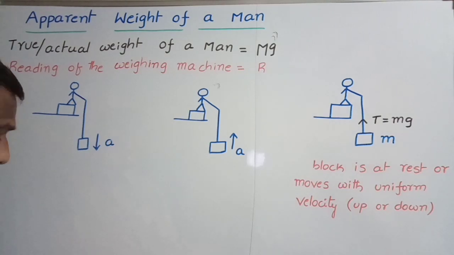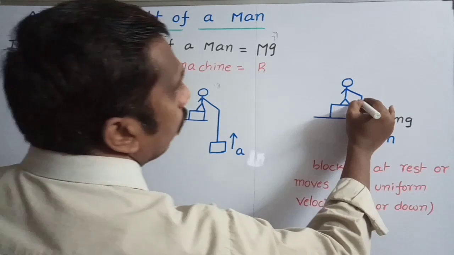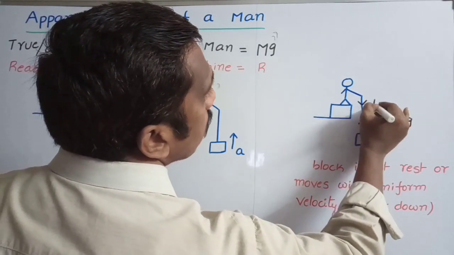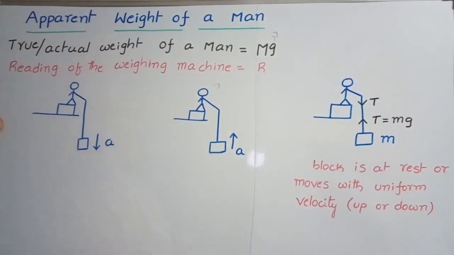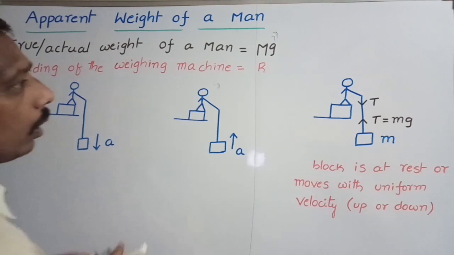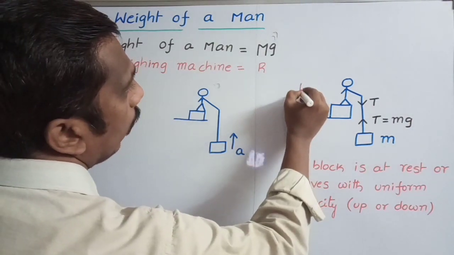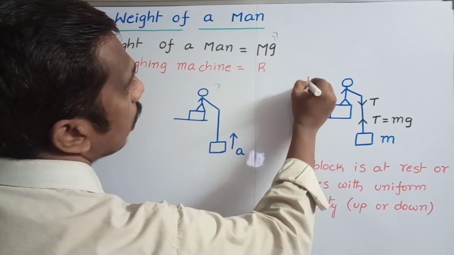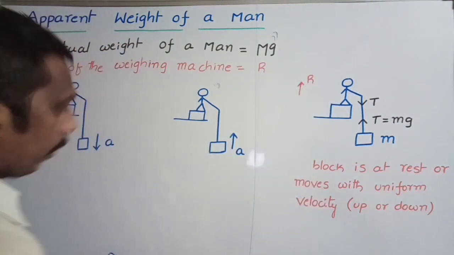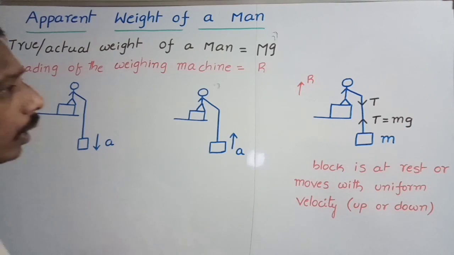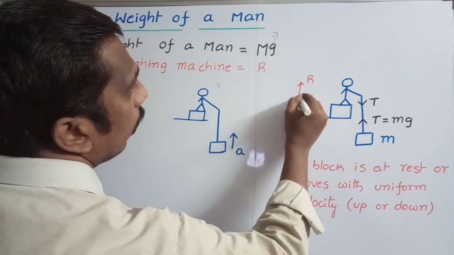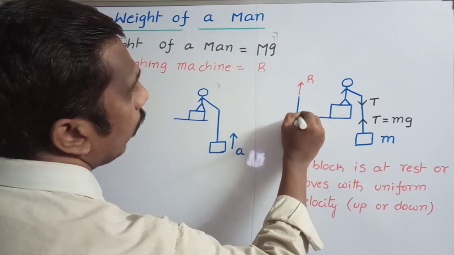This tension tries to pull down the man. So in this case, the reading given by the machine: if you observe the forces acting on the man, the machine exerts force in the upward direction, the weight of the man, capital Mg, acts in the downward direction, and tension T is also pulling in the downward direction.